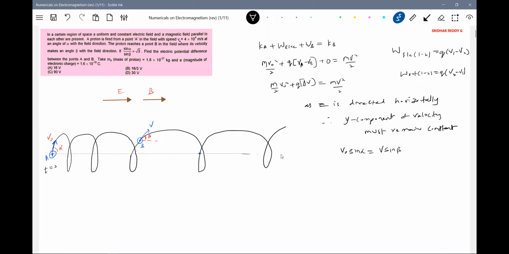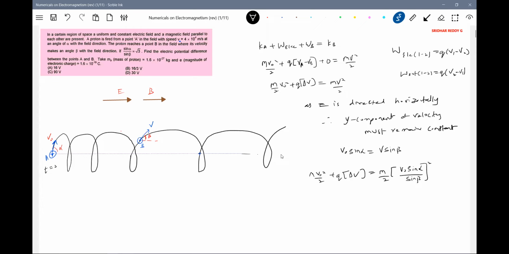That V I'm going to replace. So this will become M V naught square by 2, Q delta V is equal to M by 2, in place of V, V naught sine alpha by sine beta, whole square.